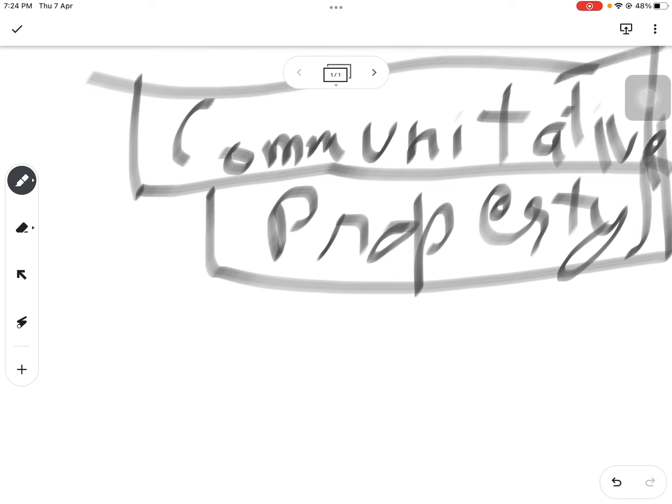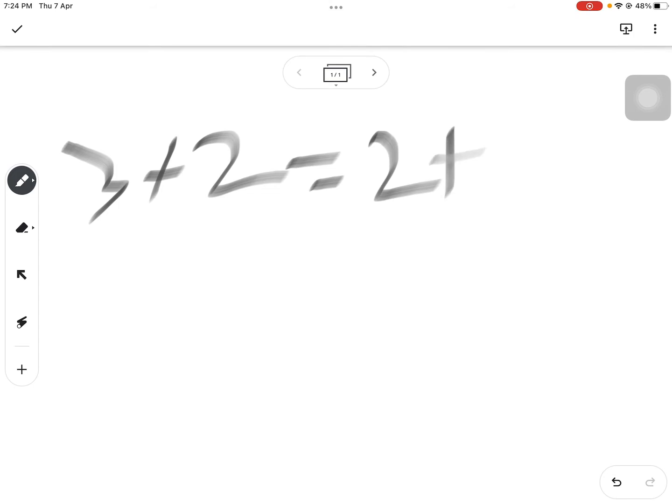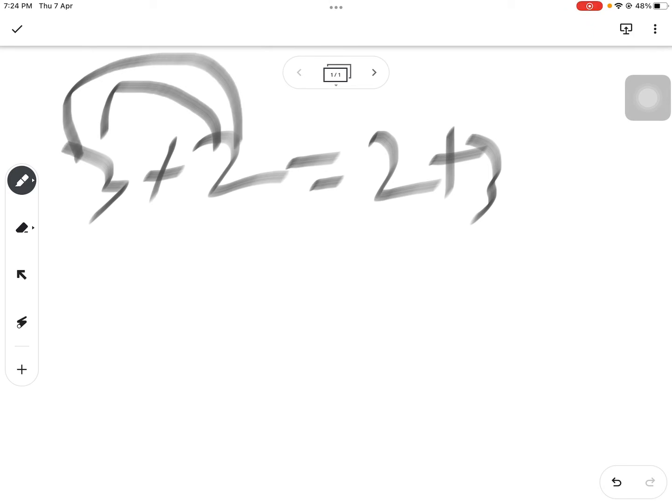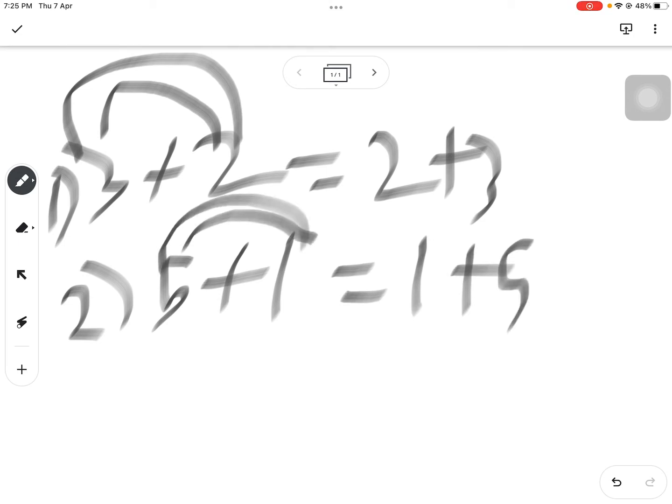So basically what we have to do in a commutative property is 3 plus 2 is equal to 2 plus 3. So we just change the last number to the first number and the first number to the last number. So that's how we get it. And another example is 5 plus 1 is equal to 1 plus 5. We again move the 1 and the 5.